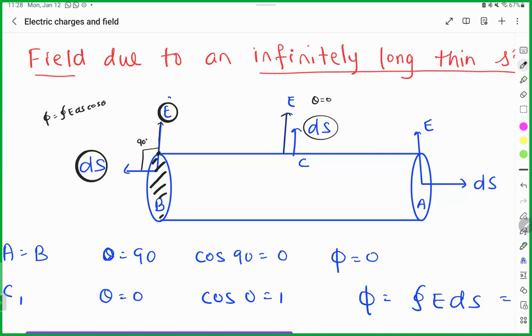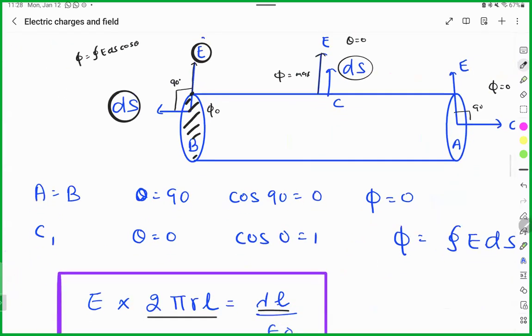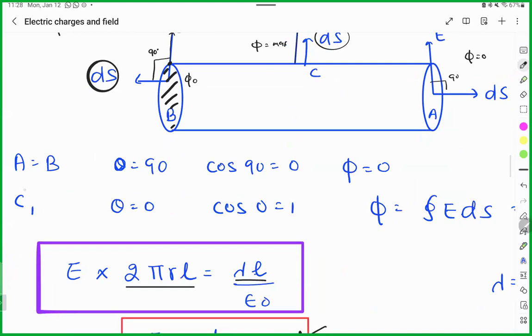Here, same thing: the angle is 90 degrees, so electric flux here will be 0. Electric flux here will be 0. Here electric flux will be maximum. So considering all the situations, you will have electric flux only because of the C part. Understood, guys?